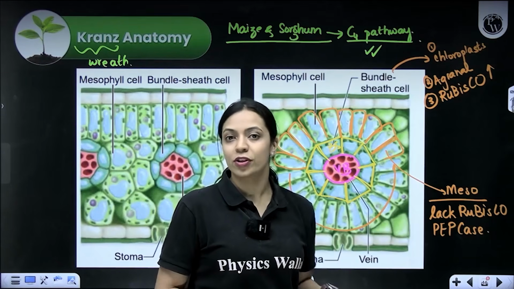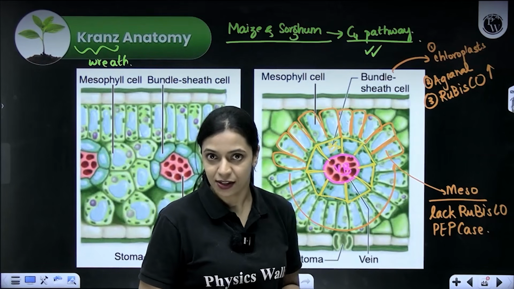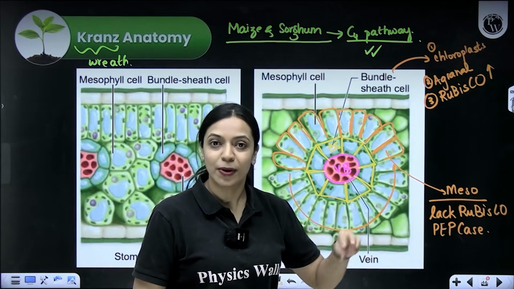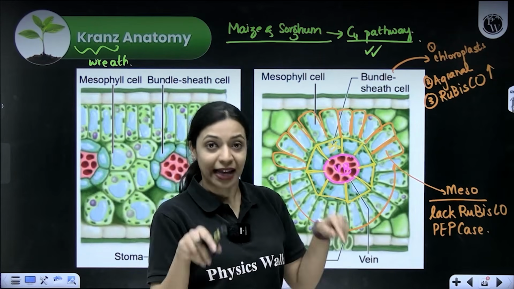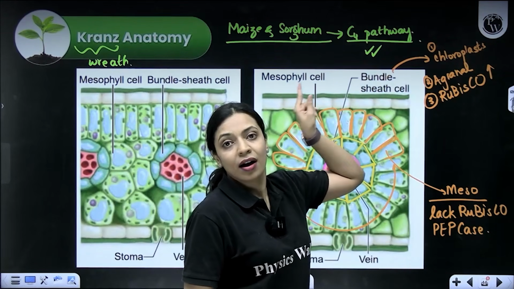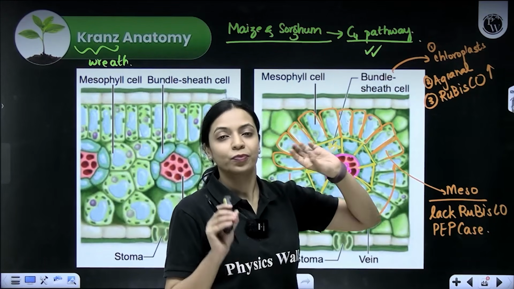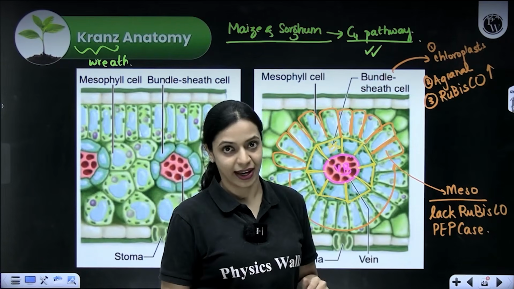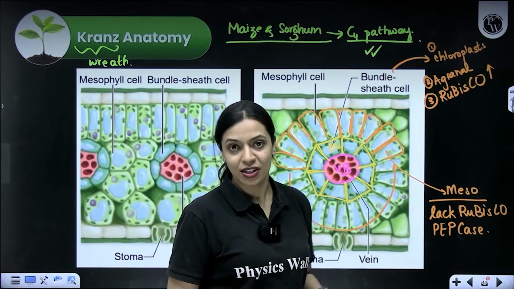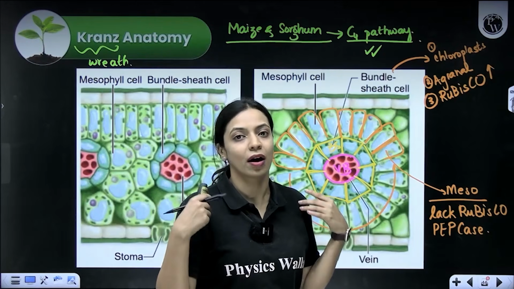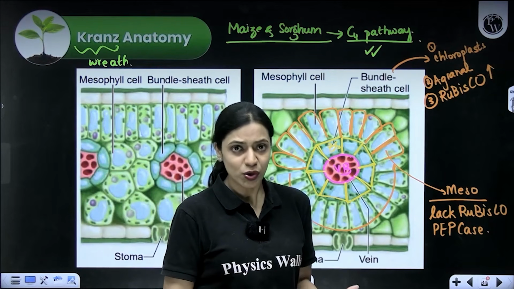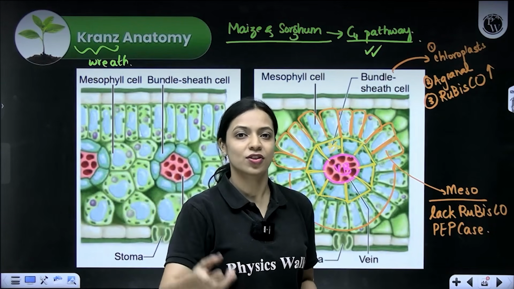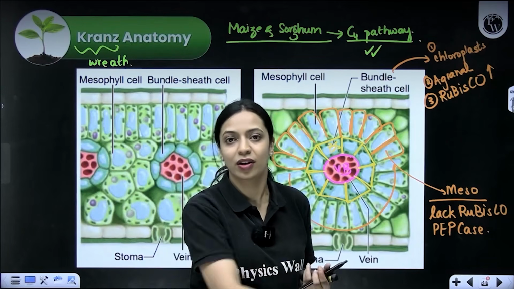If cyclic photophosphorylation takes place, water splitting does not happen. If water does not split, oxygen does not evolve. That ensures that within the bundle sheath cells, oxygen concentration is maintained very low and carbon dioxide concentration is high. Also, in these bundle sheath cells, you can find a high number of mitochondria, and those mitochondria, even if any oxygen is available, will utilize it for cellular respiration.